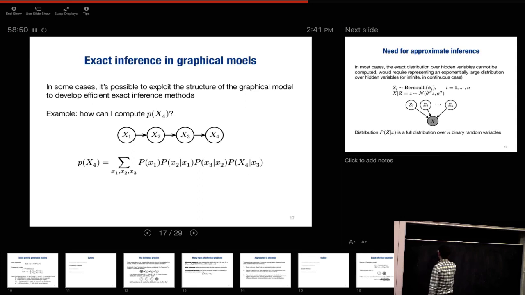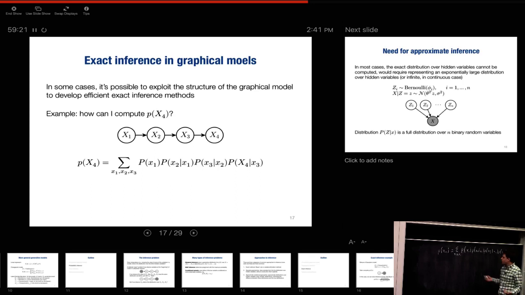So the way we do this is we essentially want to say p(x4) is the sum over x1, x2, x3 of my joint probability, but I'm going to write that already in its factored form: p(x1), p(x2 given x1), p(x3 given x2), and p(x4 given x3).